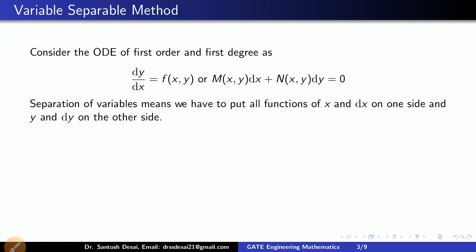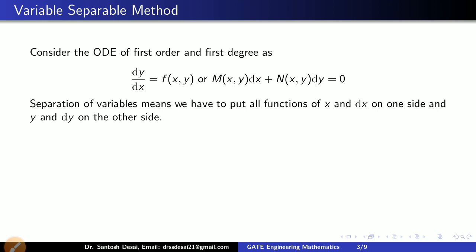So either on LHS or on RHS, we have to take all the terms of x and dx, and on the other side, all the terms of y and dy. Here we note that the terms dx and dy should be in the numerator.